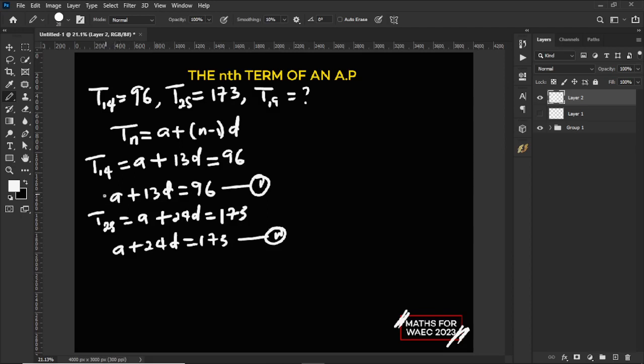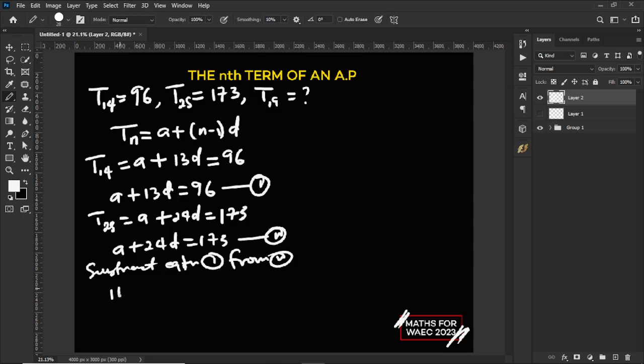Having this now, we can solve these equations simultaneously. If you look at A here, it has the same coefficient as A here, right? So we can subtract equation 1 from equation 2. That will make us have 24D minus 13D. What would that give us? 11, right?